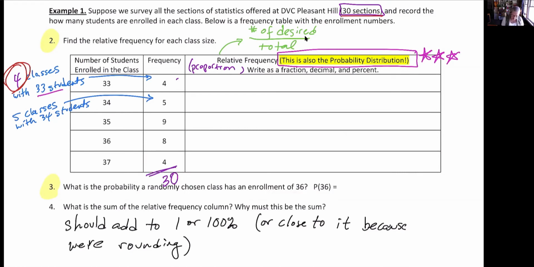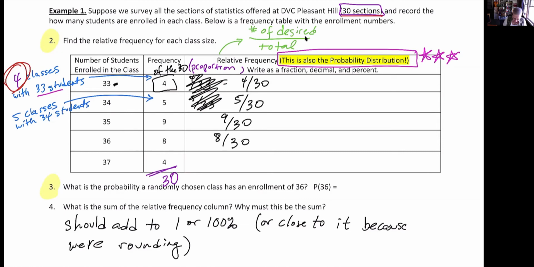So what proportion of classes had 33 students enrolled? This is 4 of the 30 total classes. So it's 4 out of 30 have 33 students, 5 out of the 30 have 34 students, 9 out of the 30 have 35, 8 out of the 30 have 36, and 4 out of the 30 have 37.